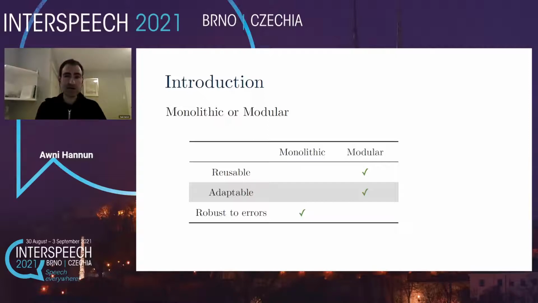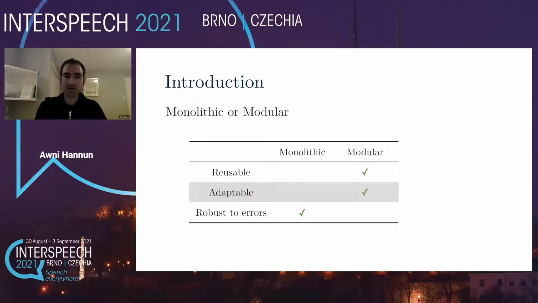One of the downsides of modular systems is they're not as robust to errors. Because they consist of all of these components which have been put together and not learned to collaborate well and function as a cohesive unit from data, the errors in one unit can sometimes catastrophically propagate to other units and everything falls apart.